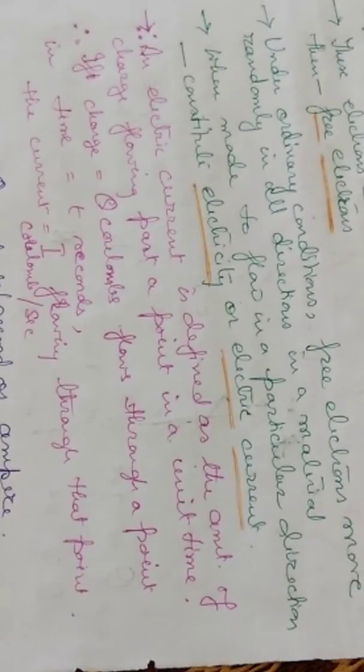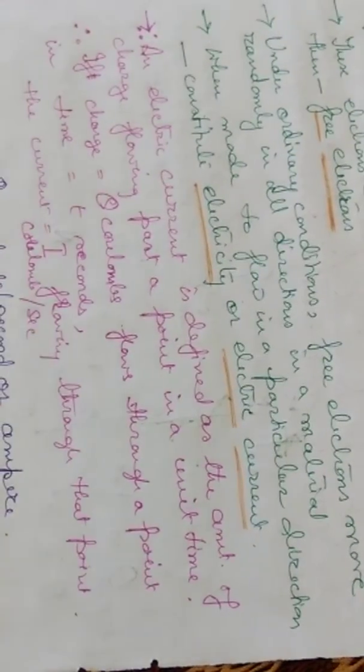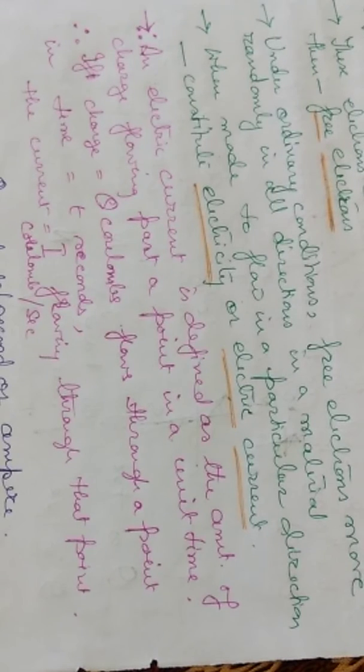So an electric current is defined as the amount of charge flowing past a point in unit time.